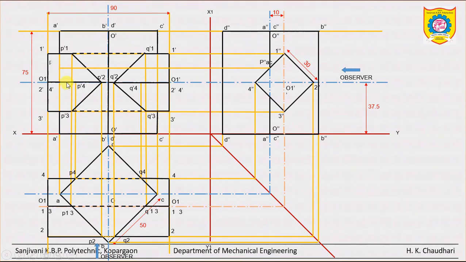This point will be P dash A, and this is P dash C. This is the C edge. And similarly from the bottom side, the point will be Q double dash AC. So similarly, just locate the point Q dash A and on this side Q dash C.